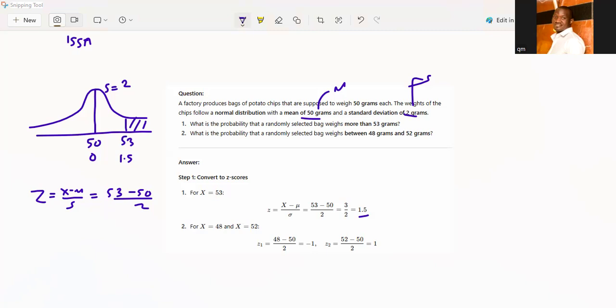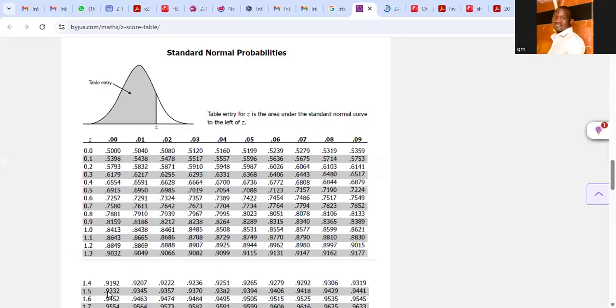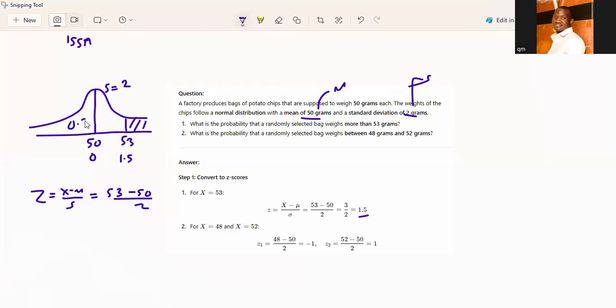Can you read through this table here? Can somebody tell me what's the reading for 1.5? You go under 1.5, 0. So this is 0.9332. That's the reading from here.